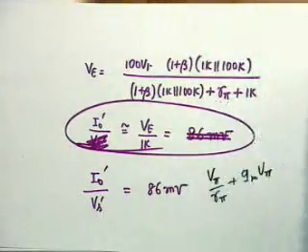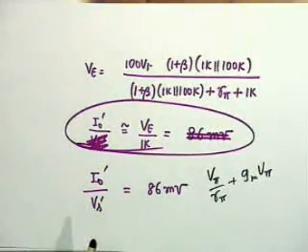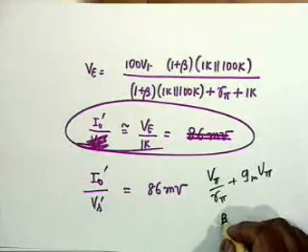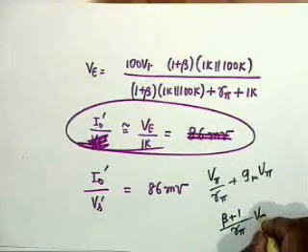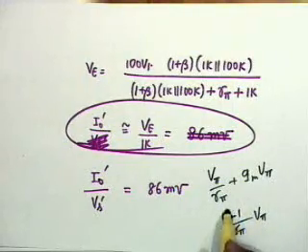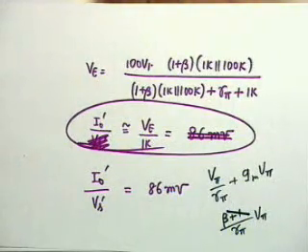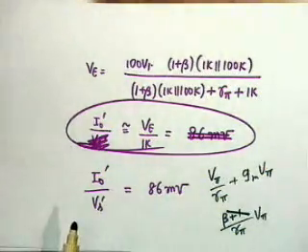We are ignoring the shunting effect of R0. And this is beta plus 1 divided by R pi into V pi. We are ignoring 1 with respect to beta, and therefore it simply becomes GM V pi. Is that clear? This we have done again and again.